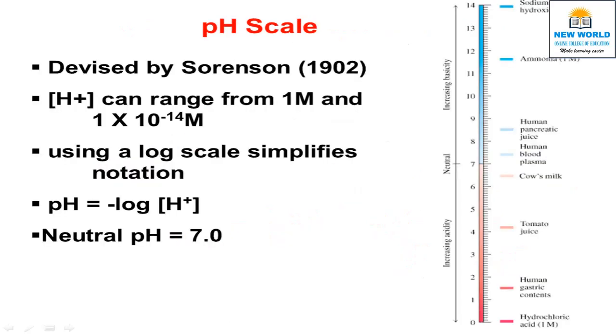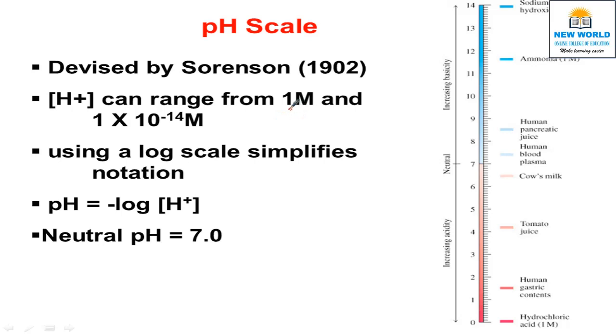So the ion product of water forms the basis of the pH scale. The pH scale, which has values from 0 to 14, comes as a result of the ion product of water. It was devised by a man named Sorensen in 1902. Hydrogen ion concentration can range from 1 molar to 1 times 10 to the power of minus 14.